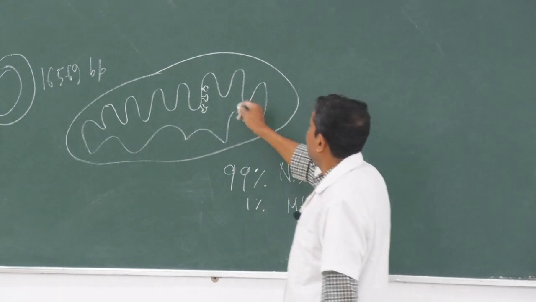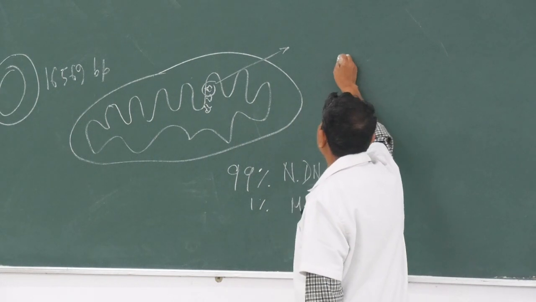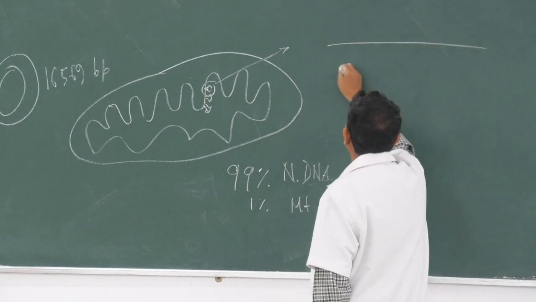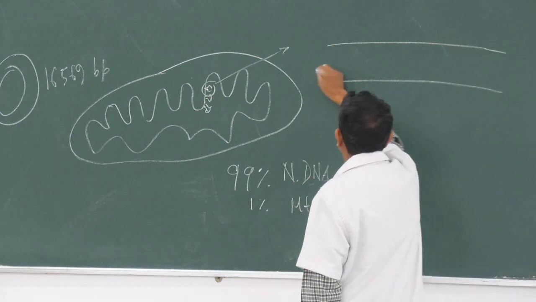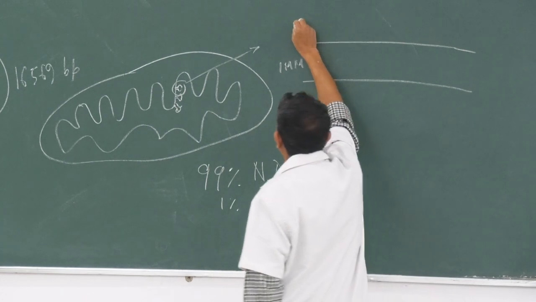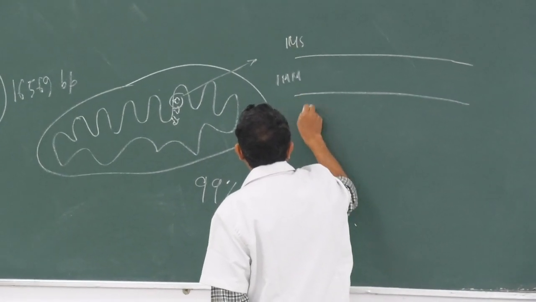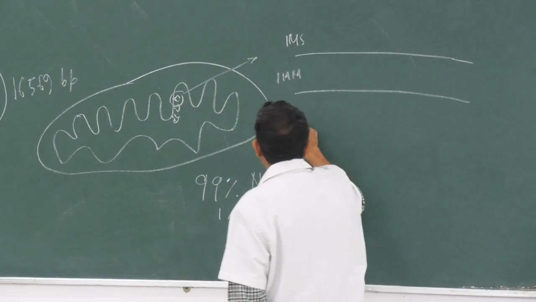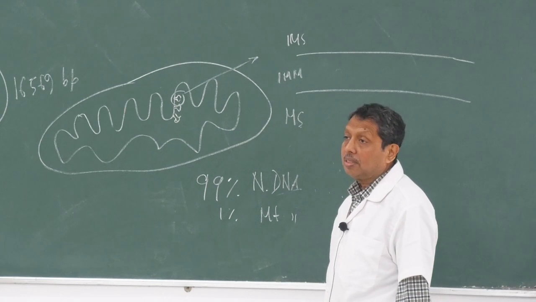If you take a small part and expand it, you see that it is in this position. Suppose it is the inner mitochondrial membrane, and it is the intermembranous space, and it is the matrix space if you consider. Then they are disposed in different ways.